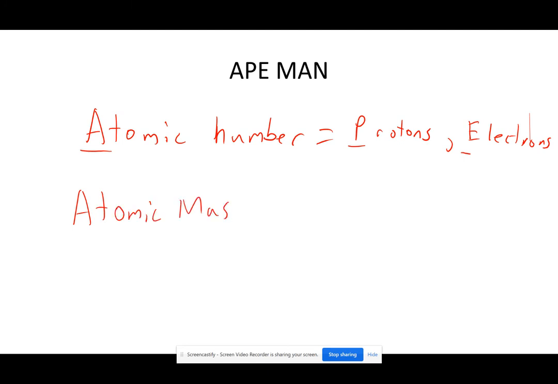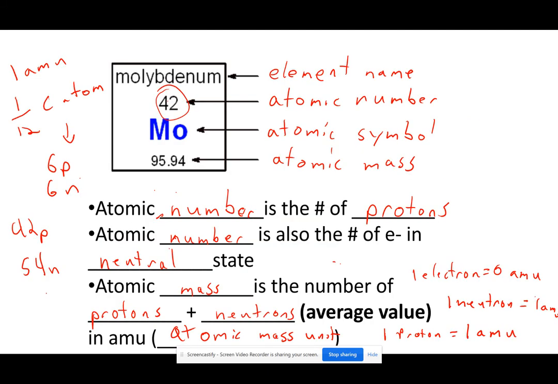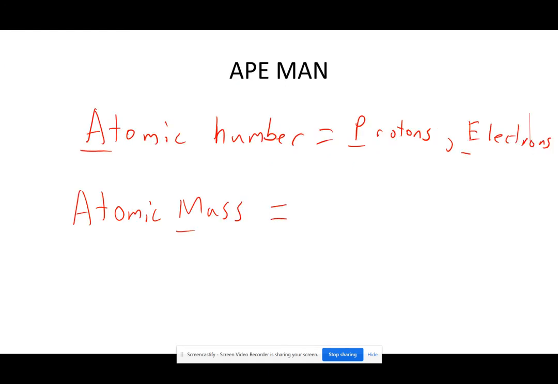So atomic mass, for example, when we had molybdenum, which was 95.94, and I round that to 96, that's going to be equal to the atomic number minus the number of neutrons. And basically, we use this to figure out the number of neutrons.